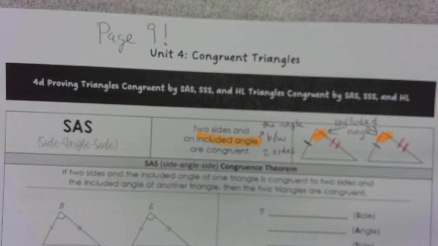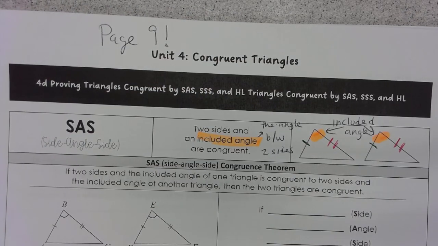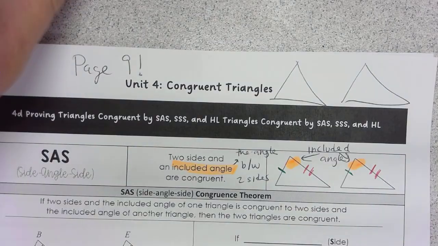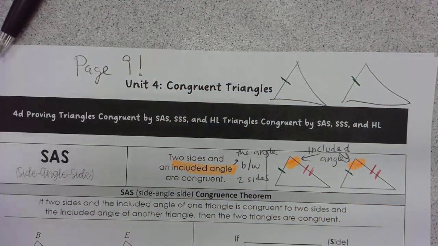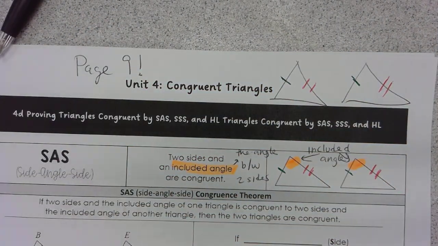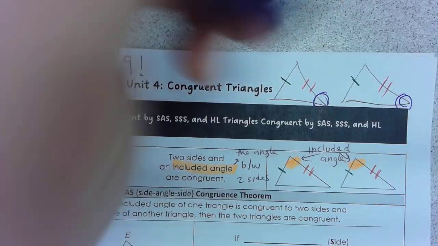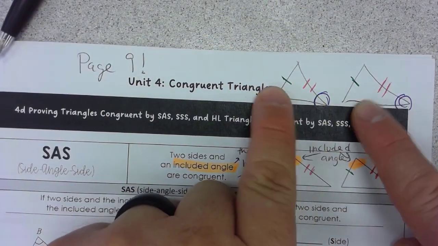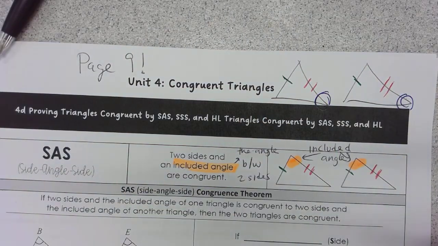I want to show you an example of something that's not included. Okay, so up here in the margin, if I were to draw these same 2 triangles, and they have the same markings, right? There's a side that's congruent. Here's another side that's congruent. With the blue pen, do you see that if I circle these angles, do you see how the blue angle is not between the 2 sides, right?